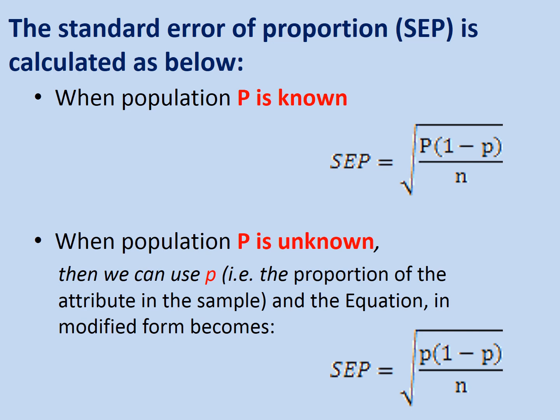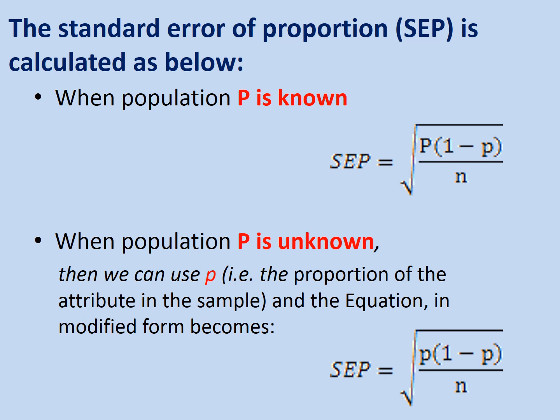So there are two different formulas mentioned here, and it is parallel to the SEM. For SEM also we have seen two formulas. One is where we know the population standard deviation, that is sigma. If not known, we replace that sigma with a small s.